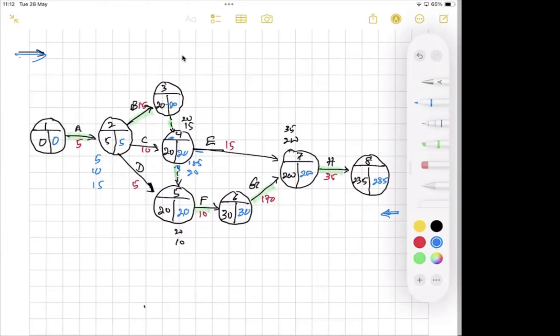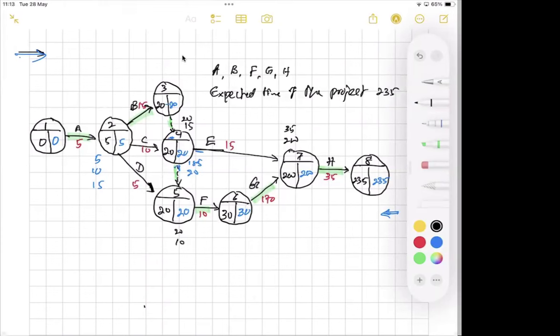The critical path is A, B, F, G, and H. Expected time of the project is 235 days or weeks, right?